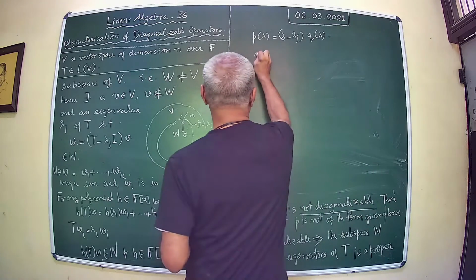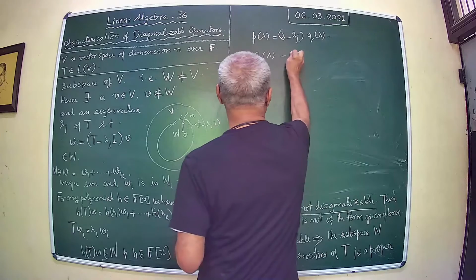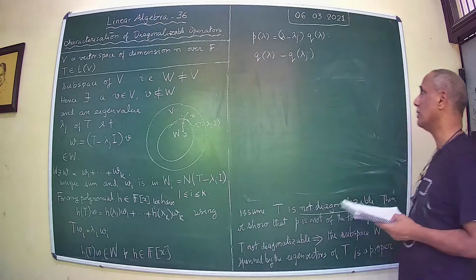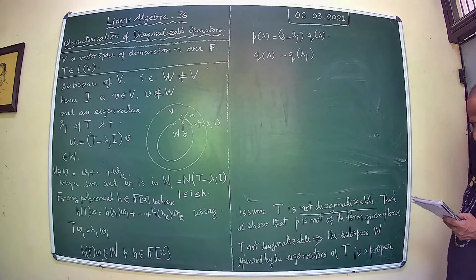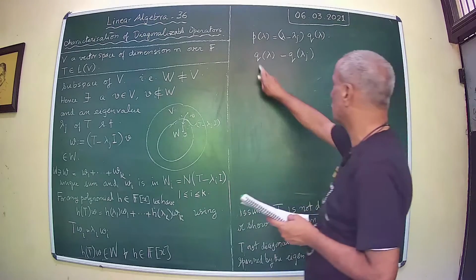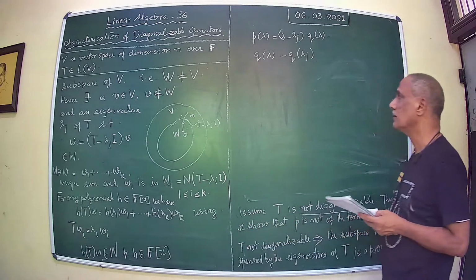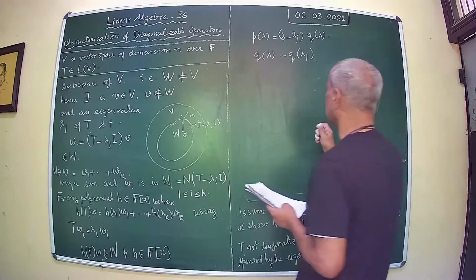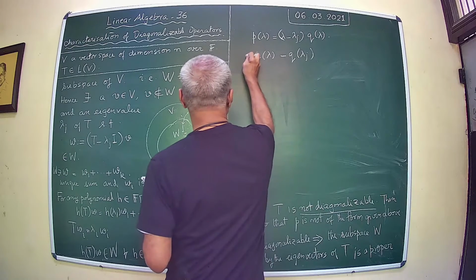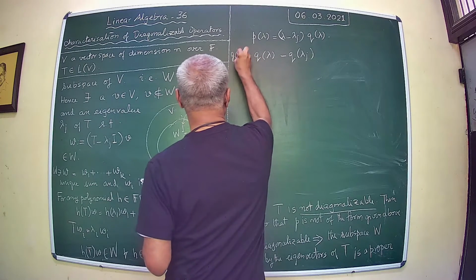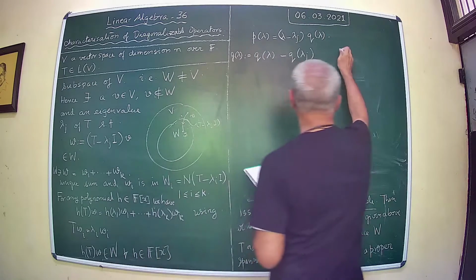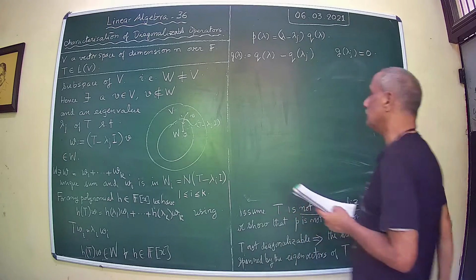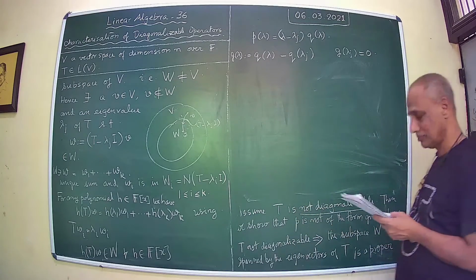Suppose you look at this one. See, this is a constant. Q lambda j is a constant, whatever you have. And you see that G lambda j is 0. That is clear. Okay?